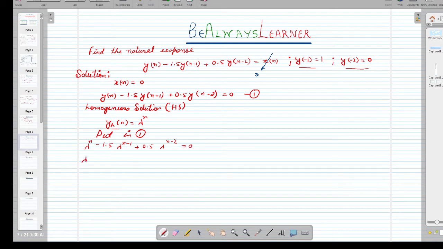We have to take lambda n common in the bracket. हमारे पास टर्म बचेगी lambda square minus 1.5 lambda plus 0.5, that is equal to 0. So this part cannot be equal to 0, this part will be equal to 0. So leading with the term lambda raised to the power 2 minus 1.5 lambda plus 0.5 is equal to 0.